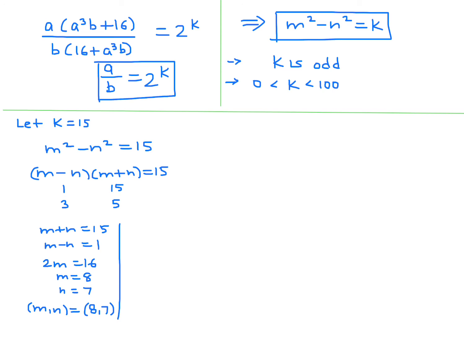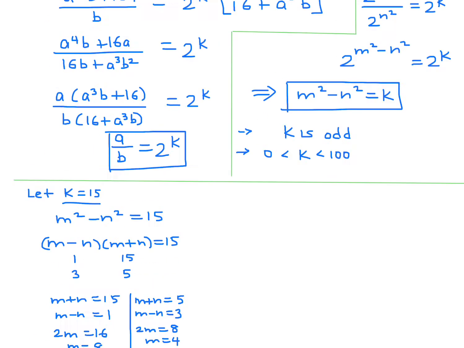With those numbers, m plus n would be 5. m minus n would be 3. Adding those, you get 2m is equal to 8. m therefore would be 4. So m equals 4, back into any of those original equations, will give you n equals 1. So there we go. We got another one. m, n is 4, 1. So for k equals 15, we got two solutions for m, n. And that's exactly what they want you to figure out.